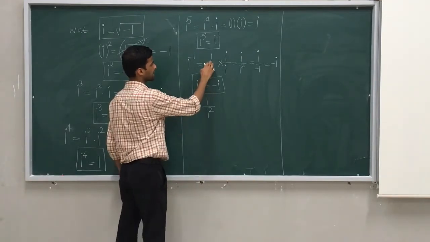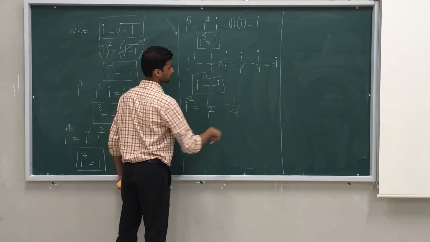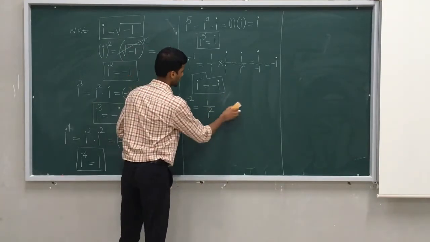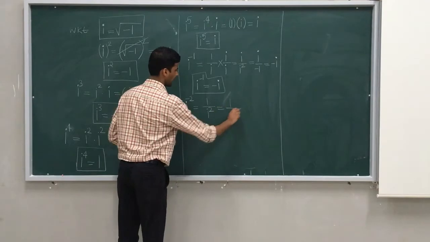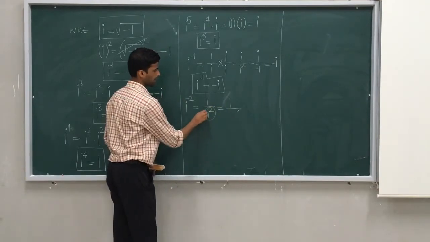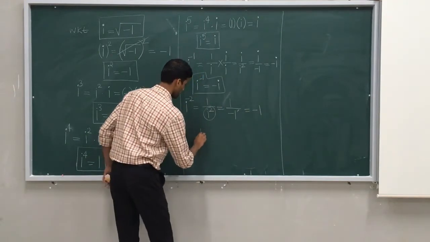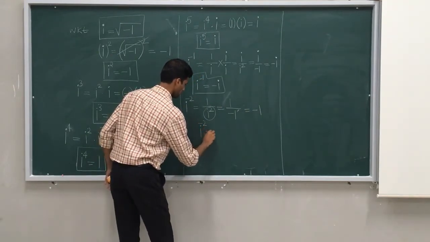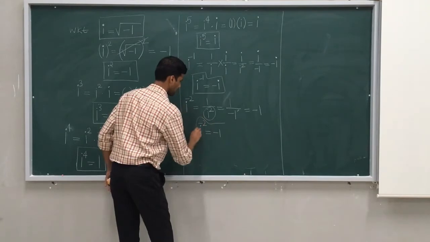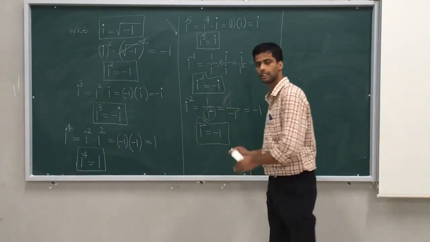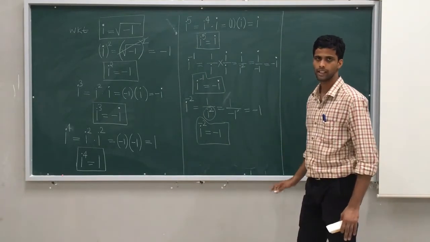If I keep it as it is, it comes as 1 divided by root of minus 1, which again leaves me in confusion. But in this case I know the numerical value of i square, which is minus 1. Therefore 1 divided by minus 1 is minus 1. So i to the power minus 2 is minus 1.